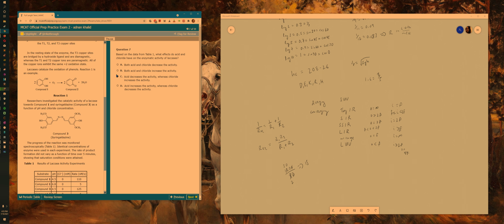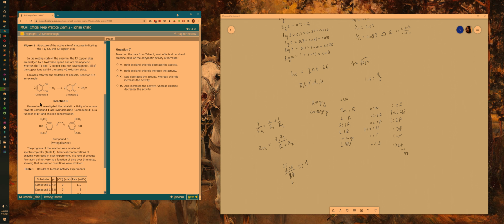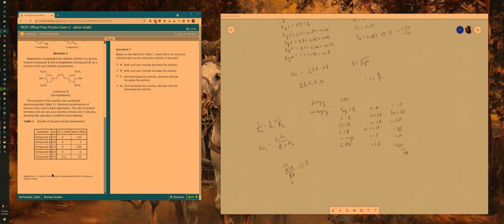Data in table 1. Oh man. Okay, so table 1. I need to decipher if compound 1 is acid or chloride or something like that. Wait, chloride seems to not have an effect here, but if you increase it here, it does have an effect, apparently, for compound 3.